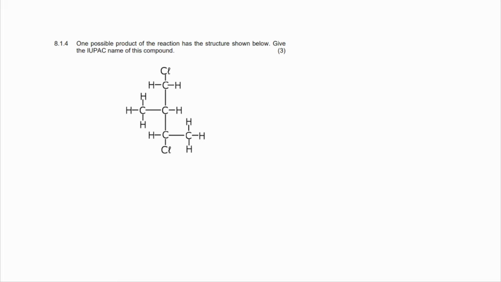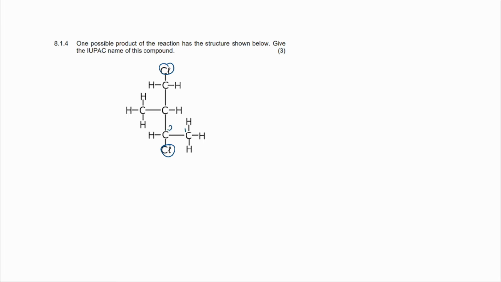They now give us this molecule as a possible product of that reaction, and it says it has a structure below. We have to give the IUPAC name for this compound. So first let's identify these 2 chloro groups over here, and we also need to identify our longest chain that has these.